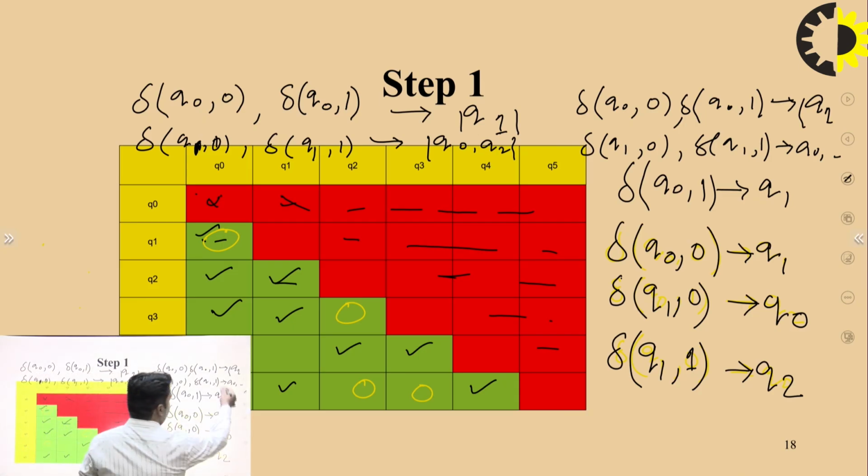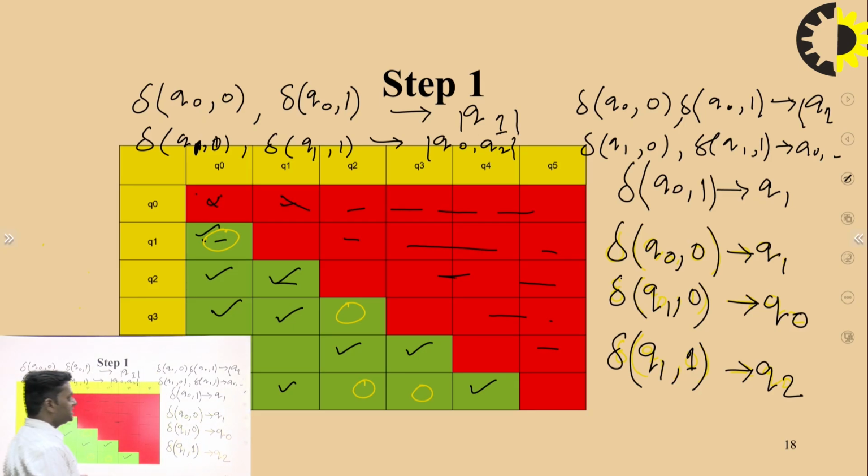So we combine these states, and if one state is already marked, then we mark here.